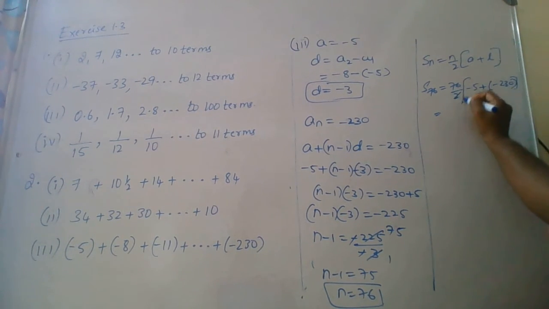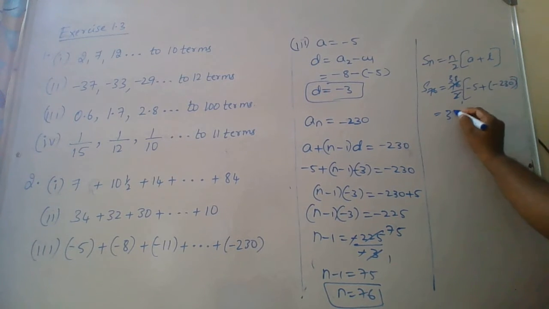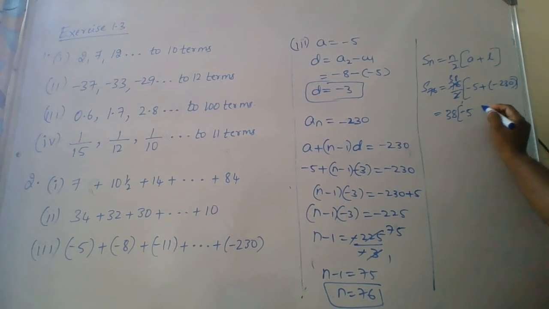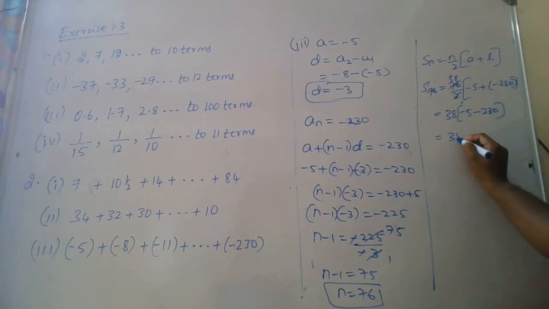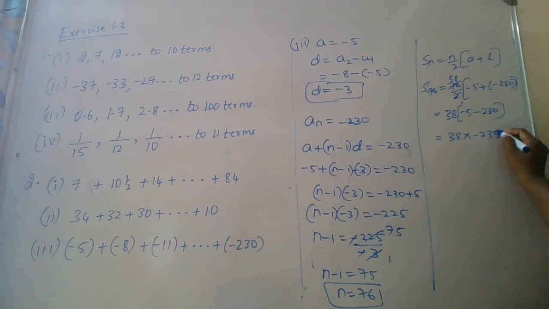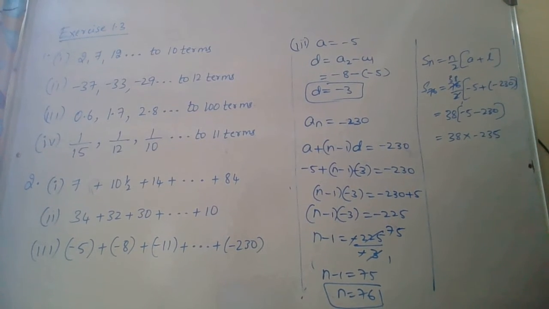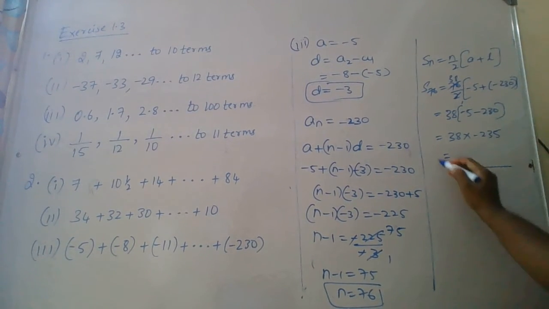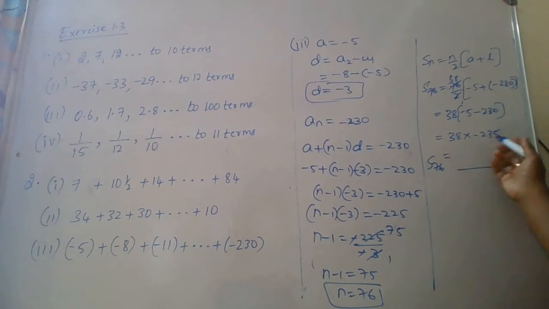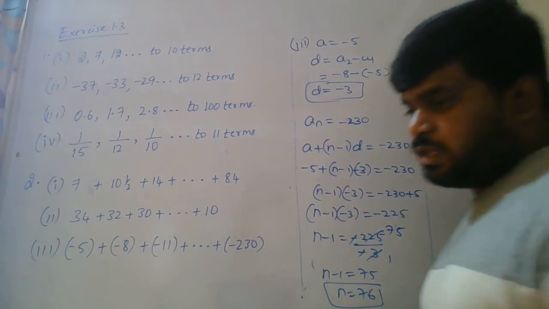So it becomes 2 1s are 2, 2 38s are 76, so it is 38 into minus 5 plus minus 230. So it becomes 38 into minus 235. Same sign, you have to add it. So multiply this, and when you multiply this, you get an answer. That's your final answer.